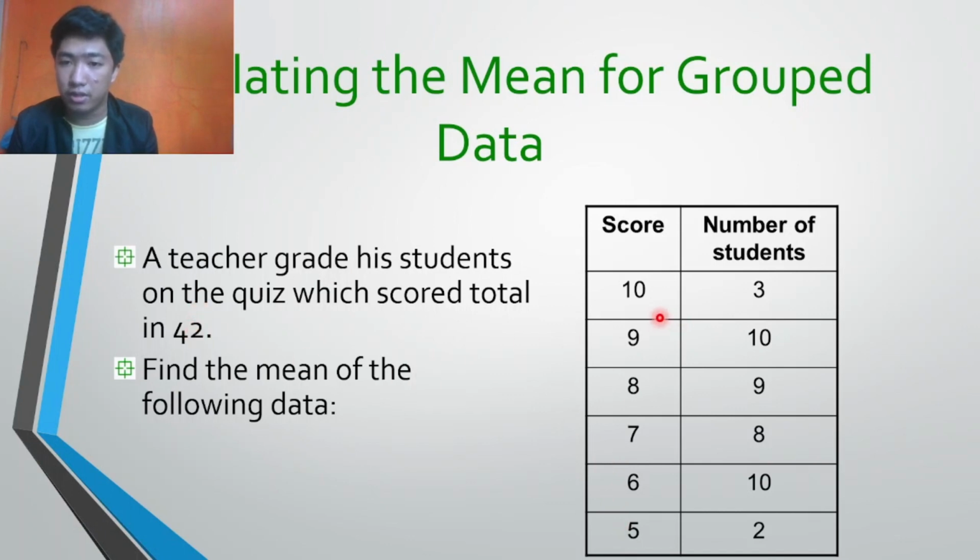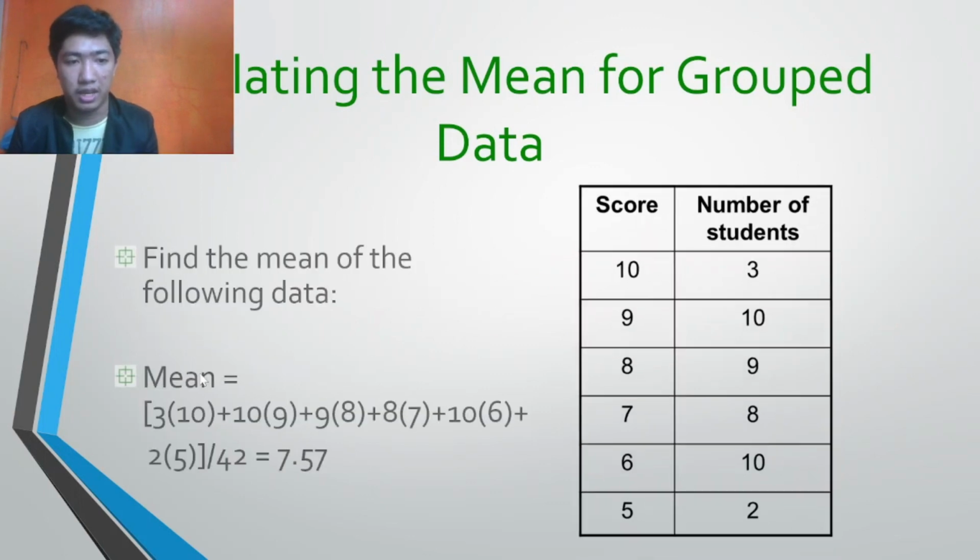Then we multiply 10 times 3, 9 times 10, 8 times 9, 7 times 8, 6 times 10, and 5 times 2 to get the fx. Then we divide the sum of fx over the sum of frequency, which is 42.